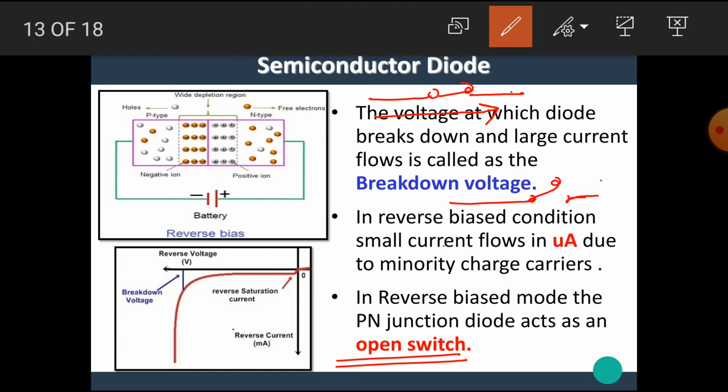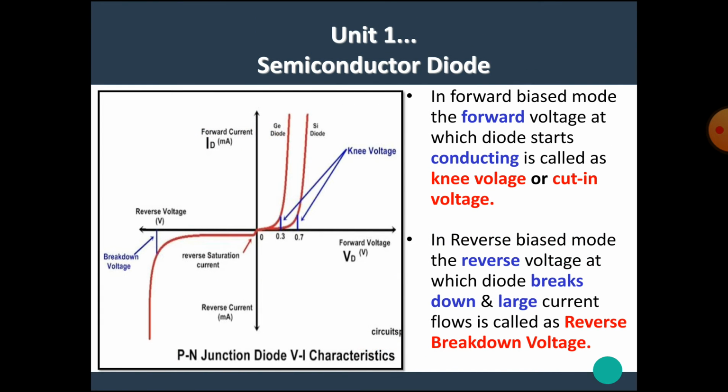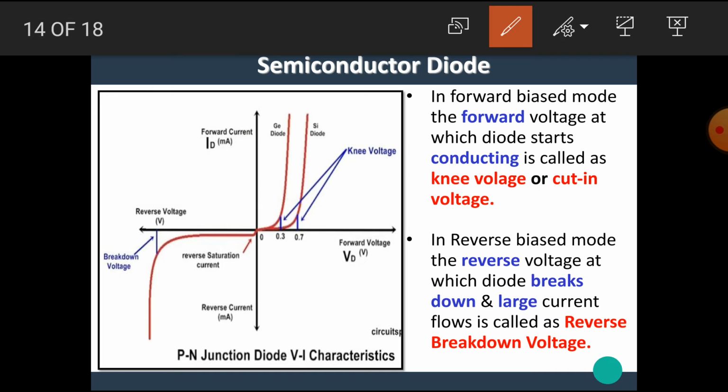That means ideally no current flows in this mode. Okay, now let's see the combined VI characteristics of the PN junction diode. This part represents the forward bias mode and this part represents the reverse bias mode.